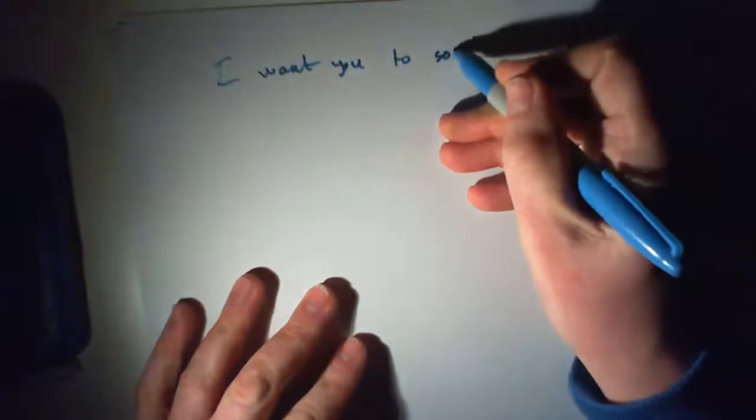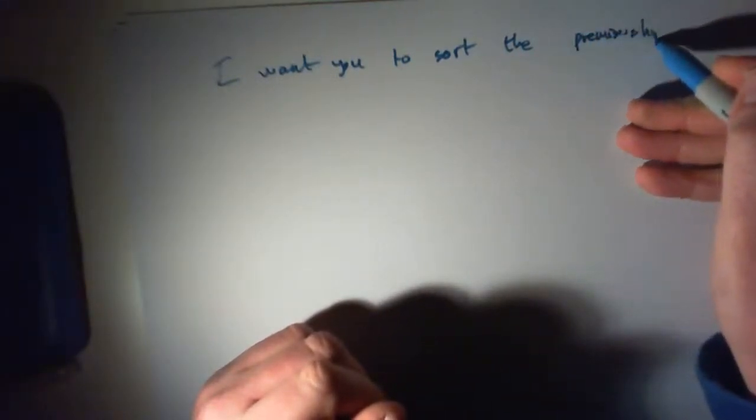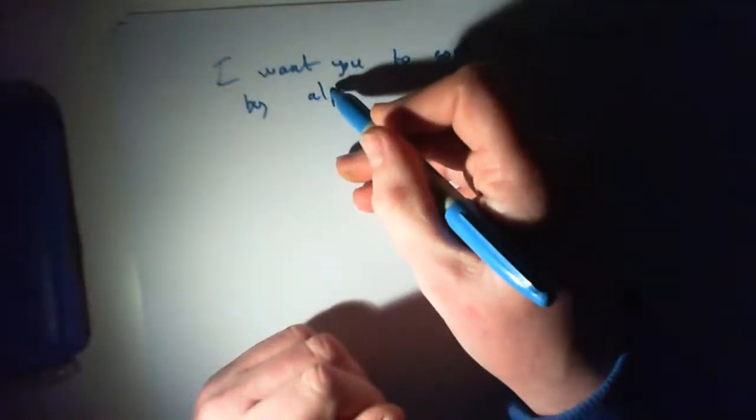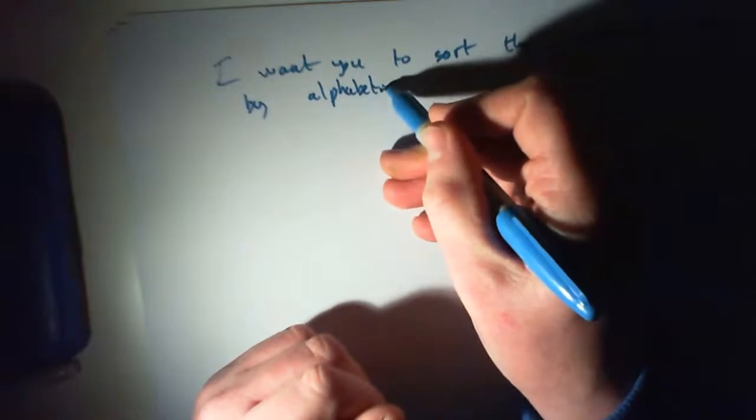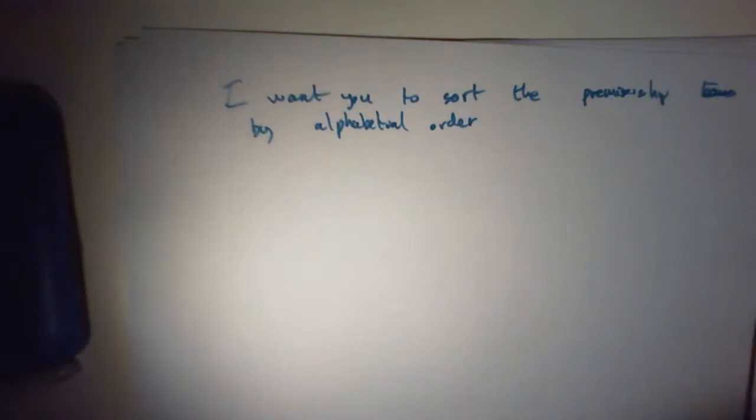I want you to sort the Premiership teams by alphabetical order, or anything, but let's just use the Premiership teams because it's on my mind recently. So imagine that's the task, the task I've set you to do.